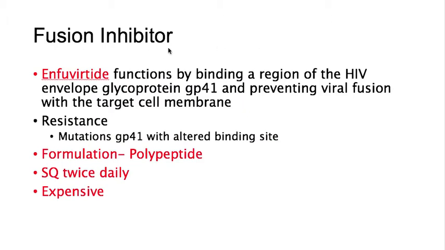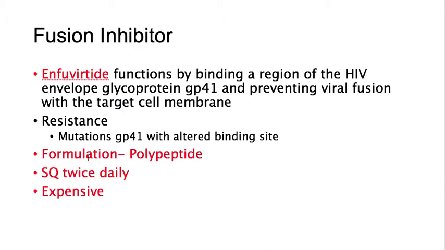We have a fusion inhibitor, enfuvirtide, which functions by binding to the region of GP41 that is responsible for the folding back of the protein on itself and fusing the 2 cell membranes.